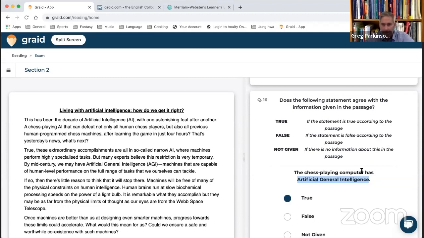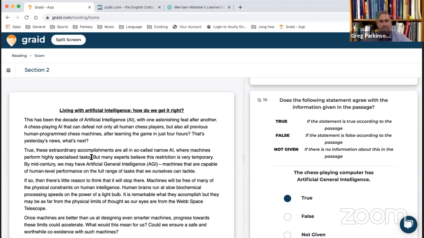Now, obviously it must be close by, right? So I would just keep reading at this point because it must be close by. That's yesterday's news. What's next? So we go on. True, these extraordinary accomplishments are all in so-called narrow AI, right? Where machines perform specialized tasks, right?